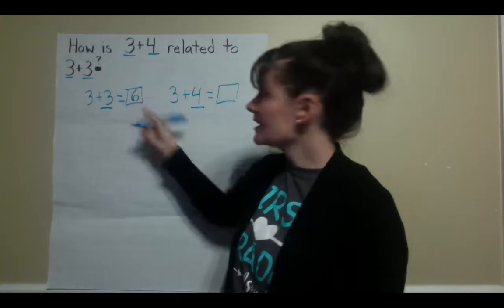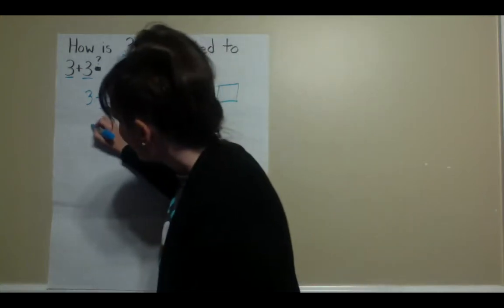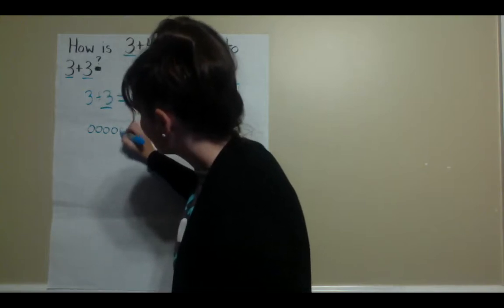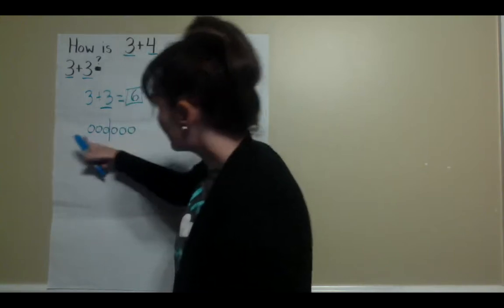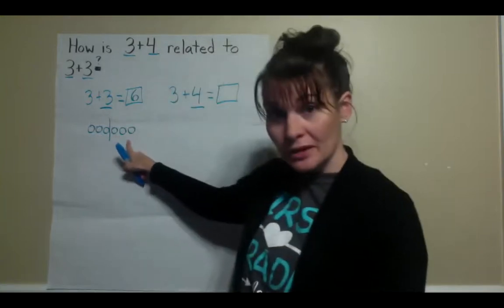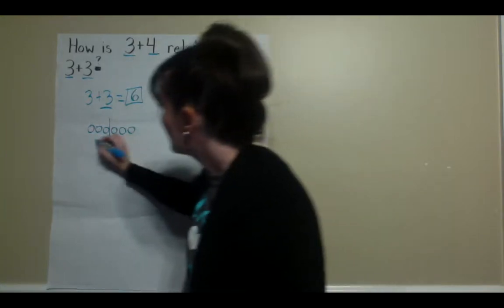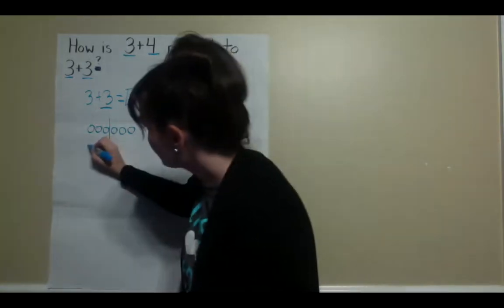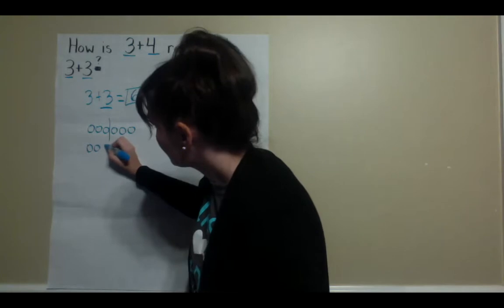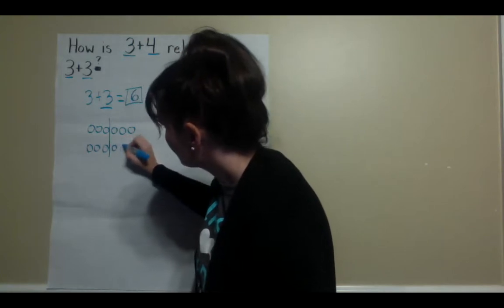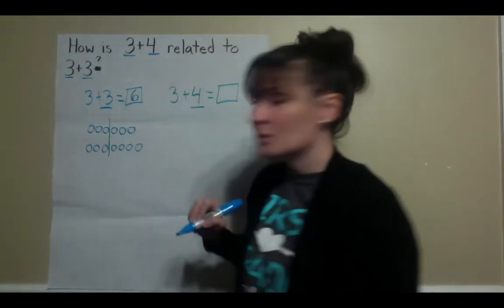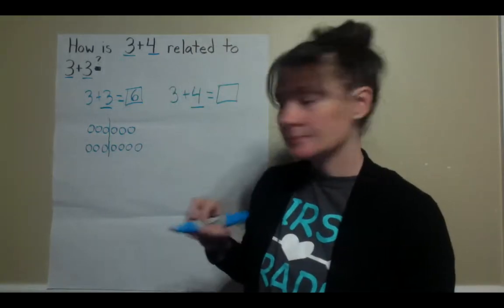I heard some good thinking. So I'm going to draw out a model. So I've got my 3 plus 3. Now I'm going to draw my 3 plus 4. What do you notice?